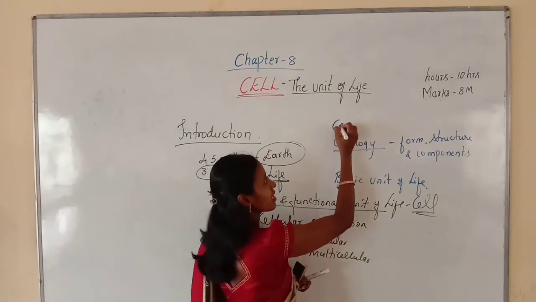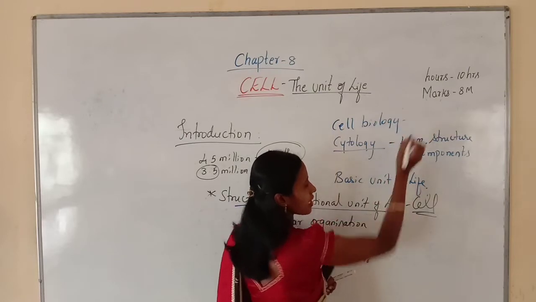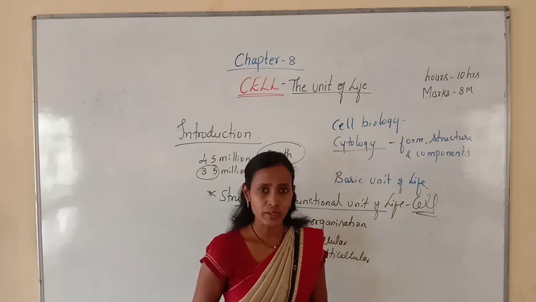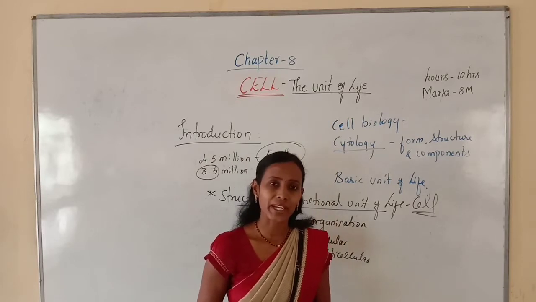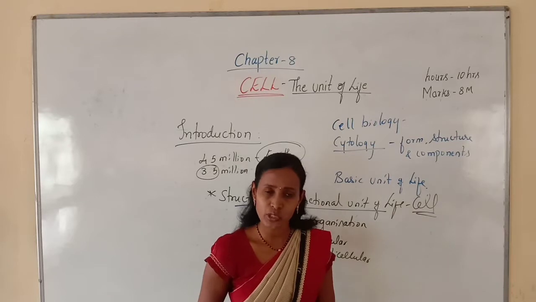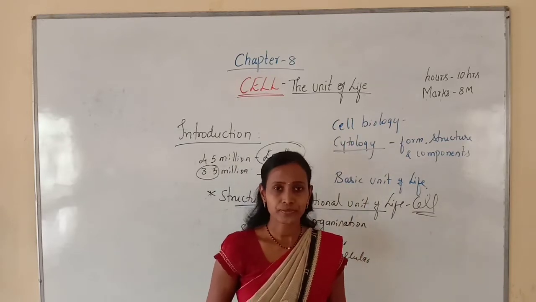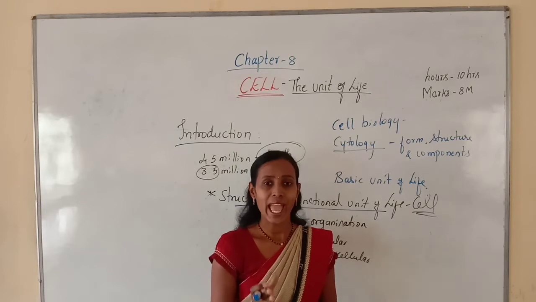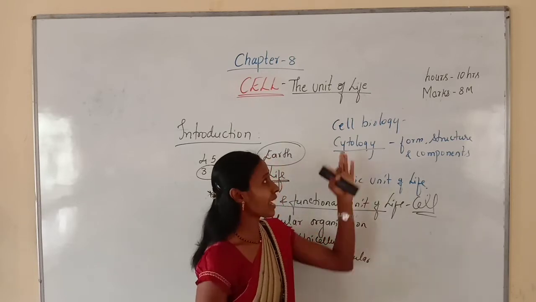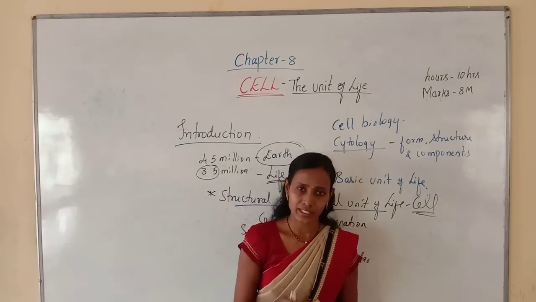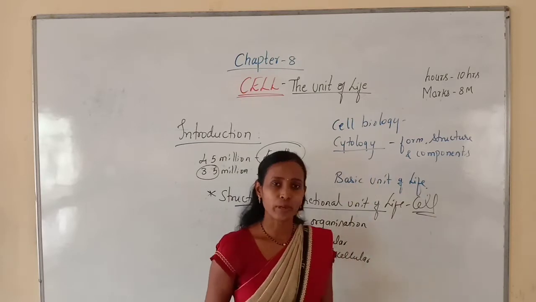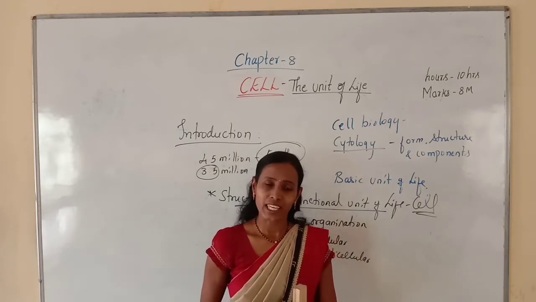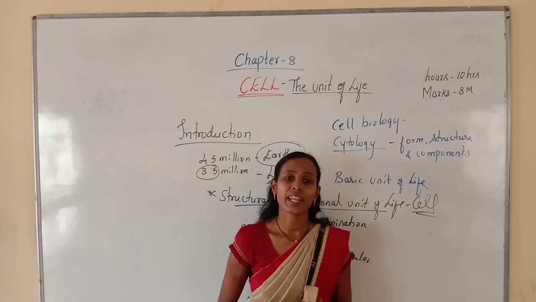Then one more branch is called cell biology. Cell biology can be simply defined as the branch of biology which deals with the structure and functions of cells. Cell biology can be defined in another way also: the branch of biology which deals with various aspects of structure, function, chemistry, development and genetics of cells.